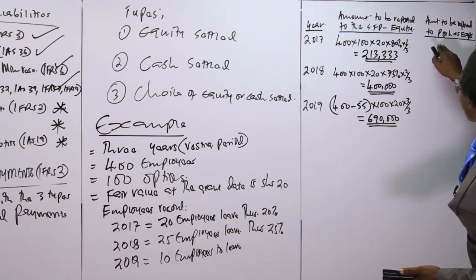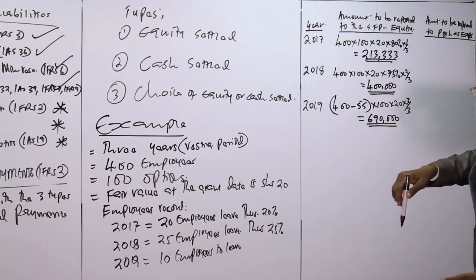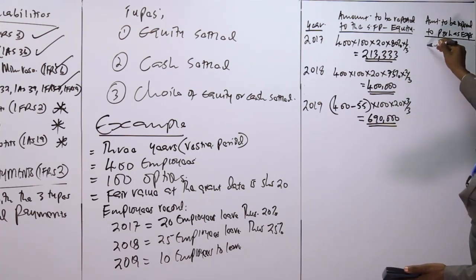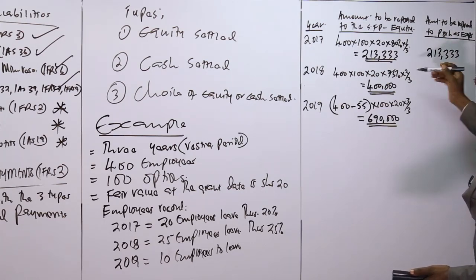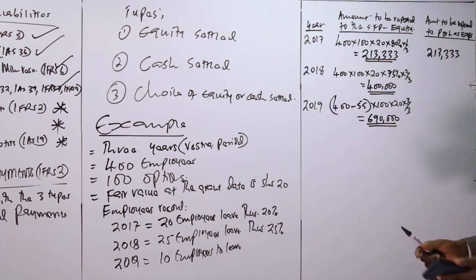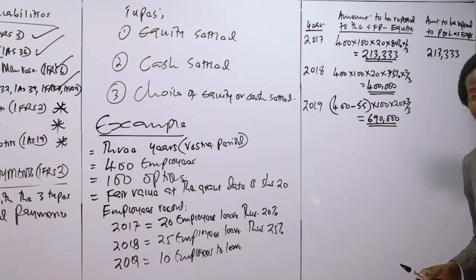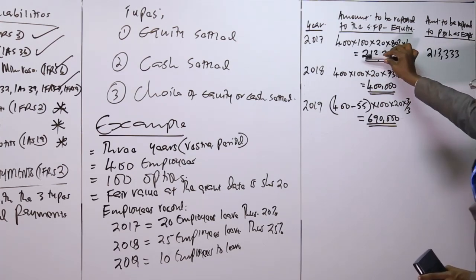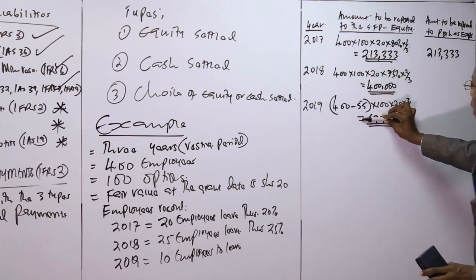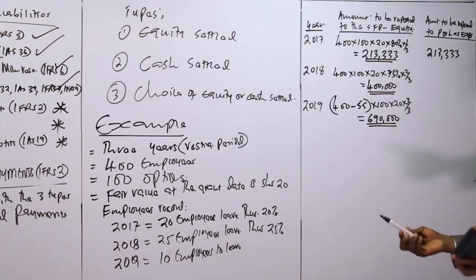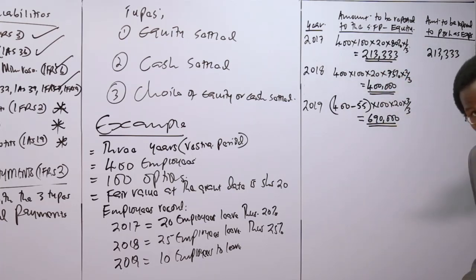How much do we report in our statement of profit or loss as an expense? The first year will be 213,333. Remember, what is reported in our statement of profit or loss as expense is for that one year only. But in the statement of financial position, this is the cumulative. But being the first year, 213,333 was for that one year.